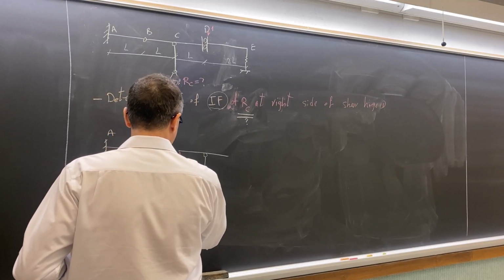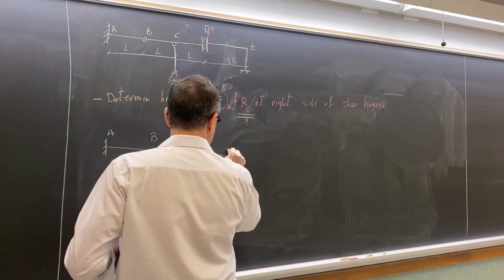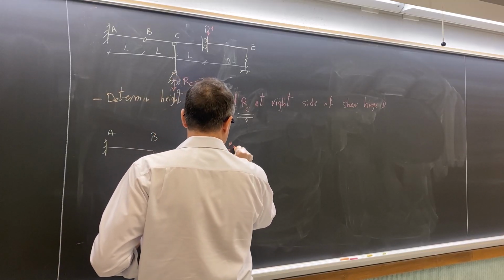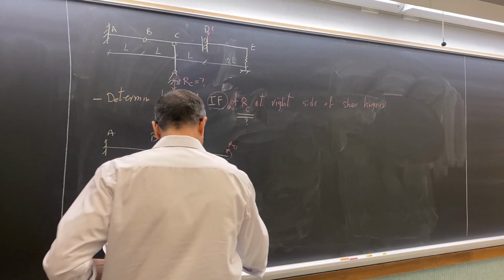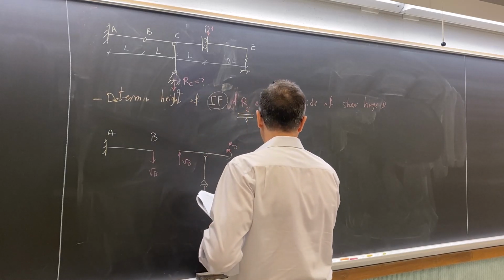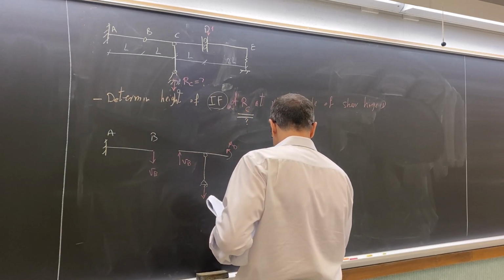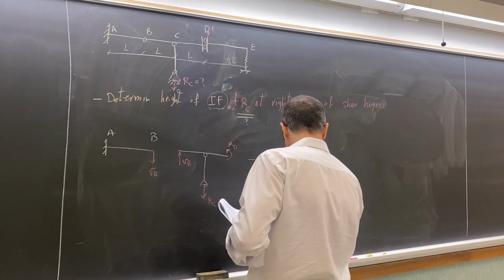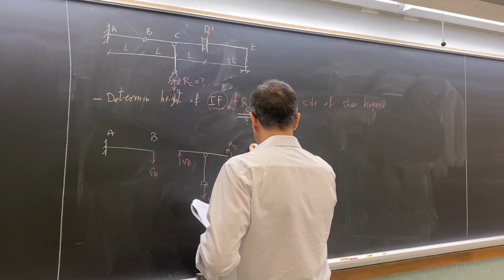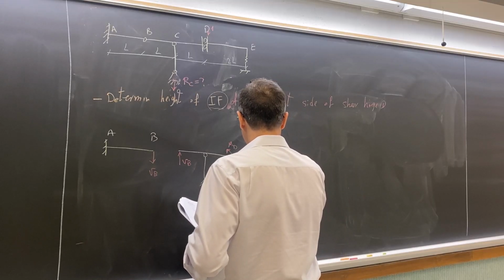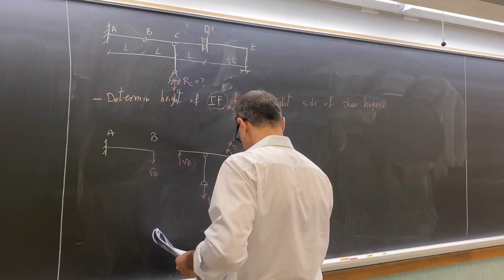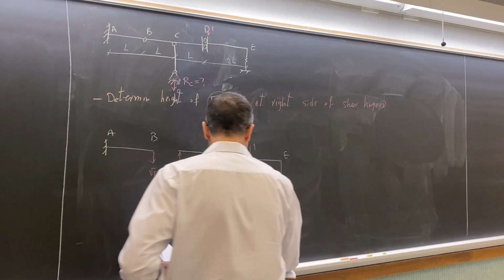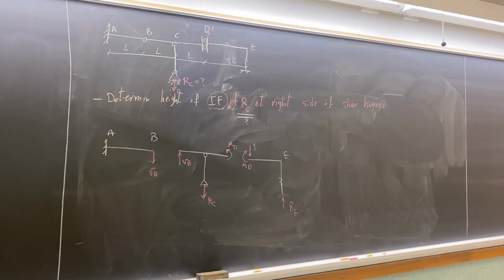The shear force at point B is upward. I have a moment at point D because the shear hinge will carry the moment. So we have a reaction at point E, we have a unit load and bending moment at point D. So these are the free body diagrams for the 3 segments.